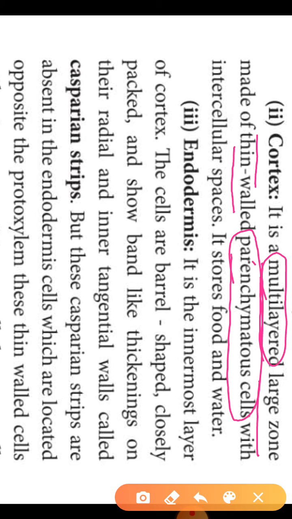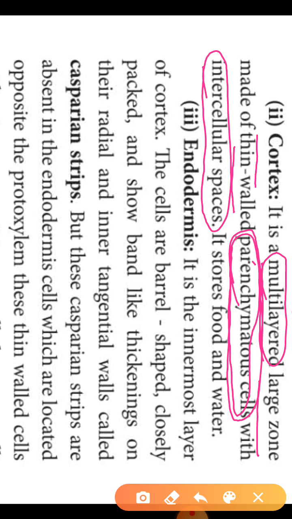Parenchyma is a major type of tissue composed of parenchymatous cells, with intercellular space, which means space inside, between the cellular arrangement.